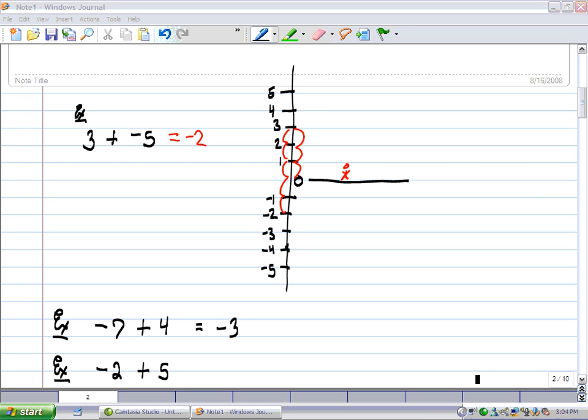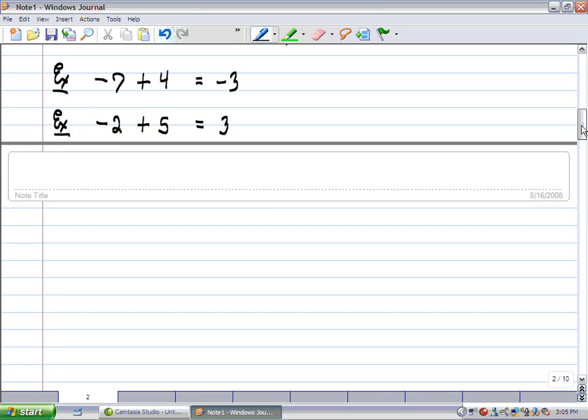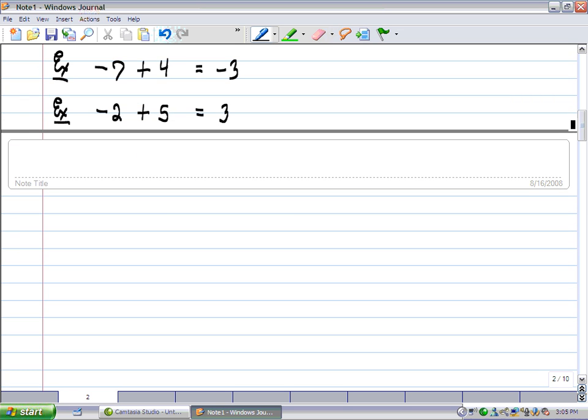Here I have -2 plus 5. So I'm going to go down 2. So when I go down 2, then I'm going to come up 5 beyond where I was. So I now have +3. Okay. Again, these should be review, and there's practice in the book as well as practice for your graded homework. So you need to do as much as you need to do of these.